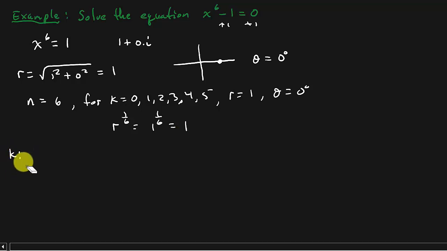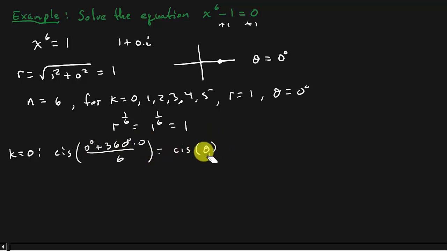So for k equals 0, I'm not going to write the 1 in front, but let's use the abbreviated notation. That's going to be 0 plus 360 times 0 over 6, which is 0 degrees, right?